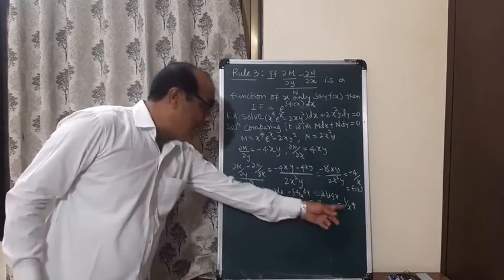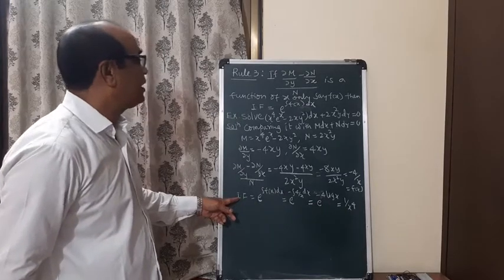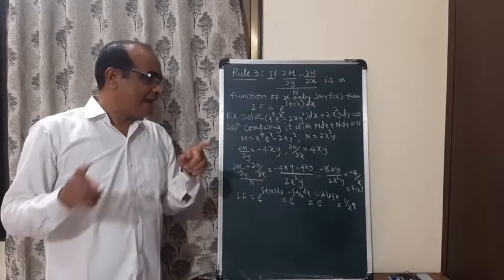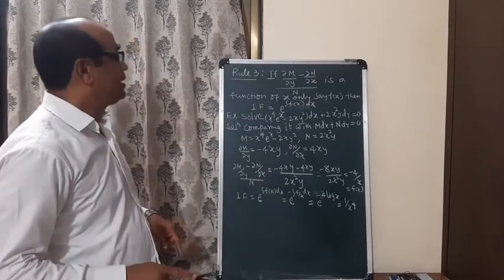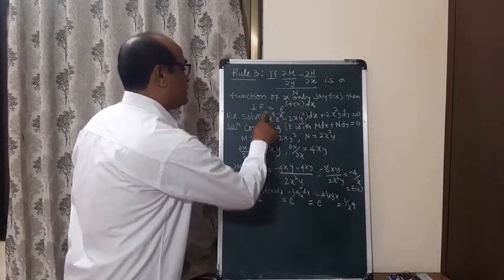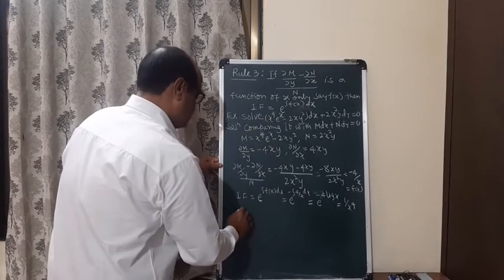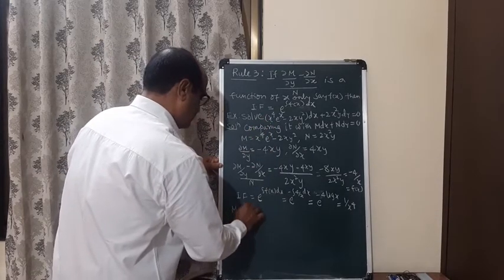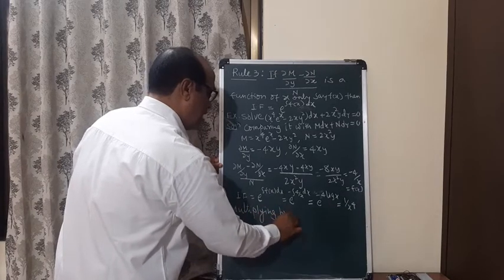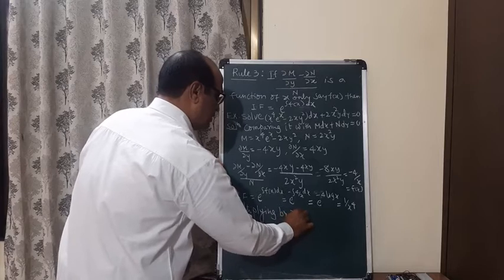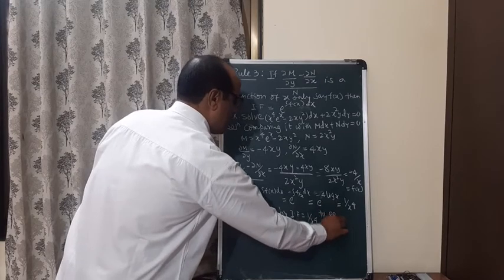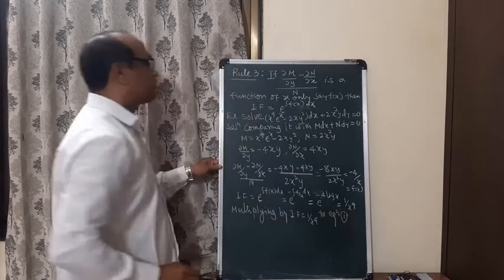So by multiplying this integrating factor to this equation, the equation becomes an exact differential equation. So multiplying this integrating factor, 1 upon x⁴, to equation 1.